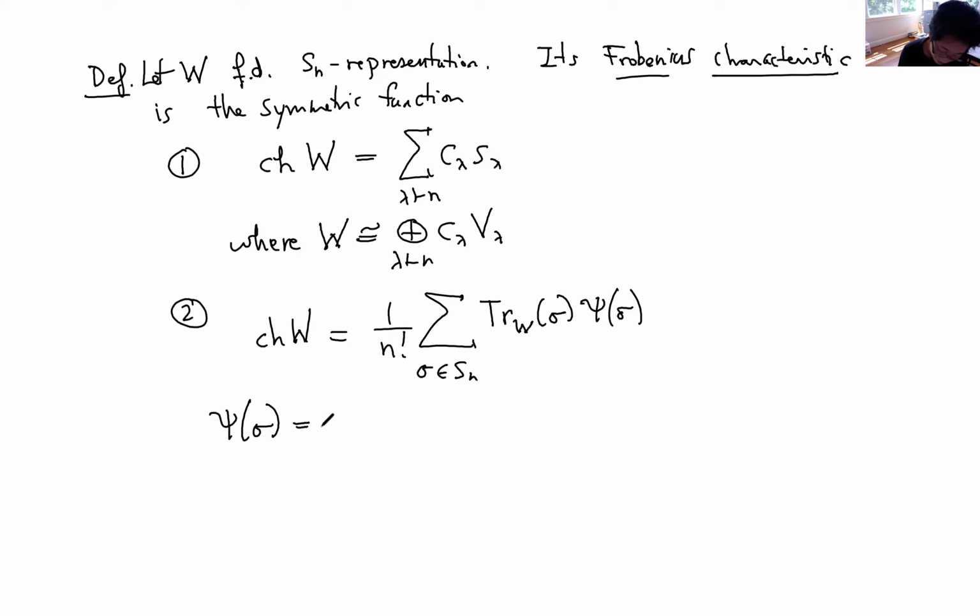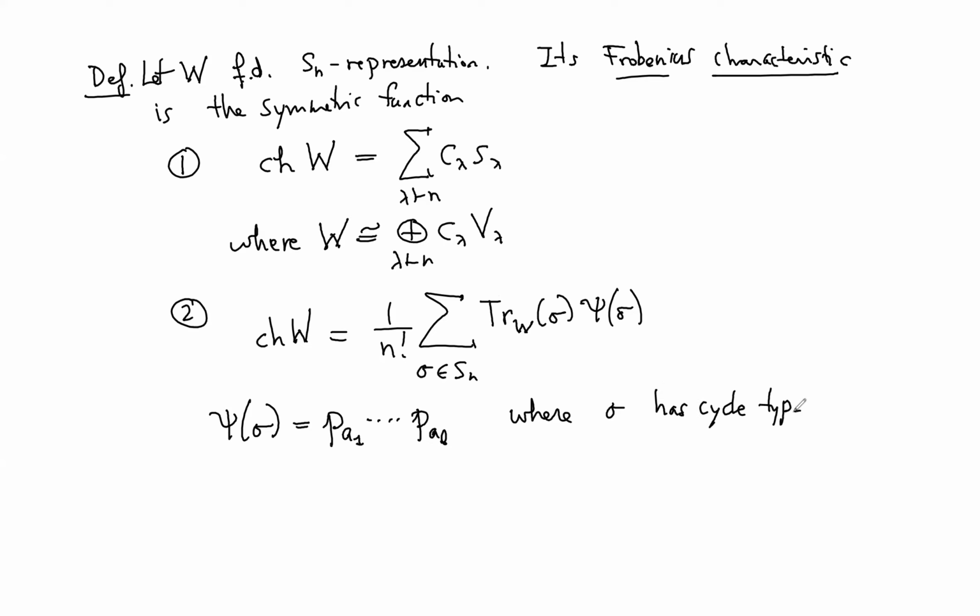It's the product p a1 up through p aL, where the a_i constitute the cycle decomposition, the cycle type of sigma. So sigma has cycle type with cycles of length a1 through aL.